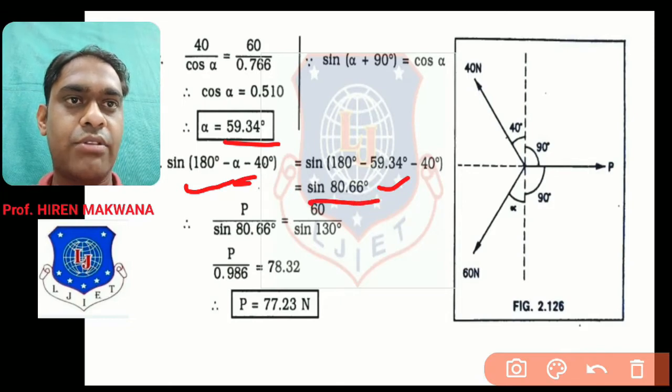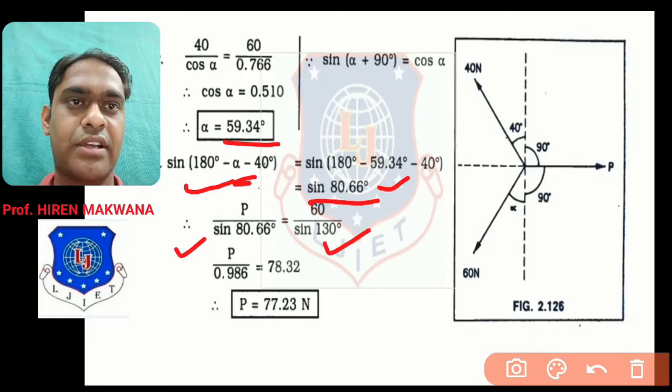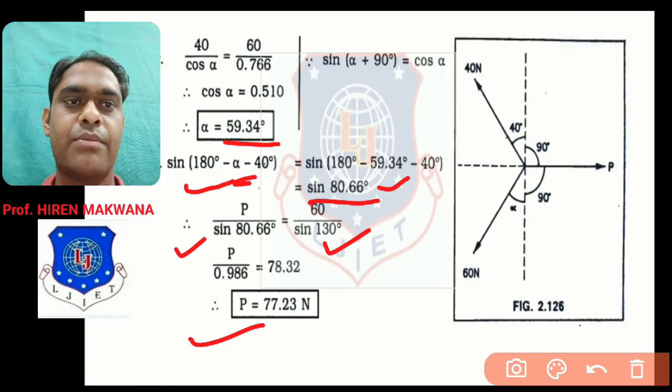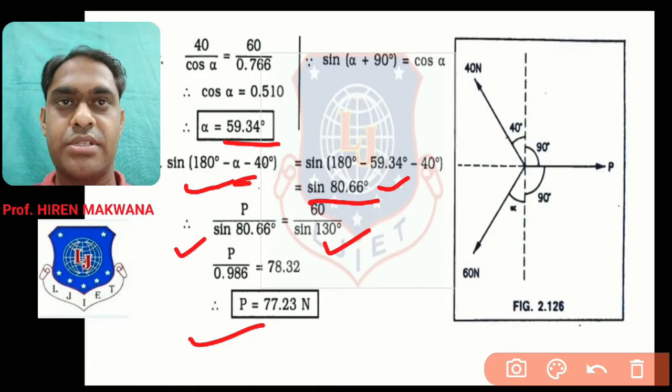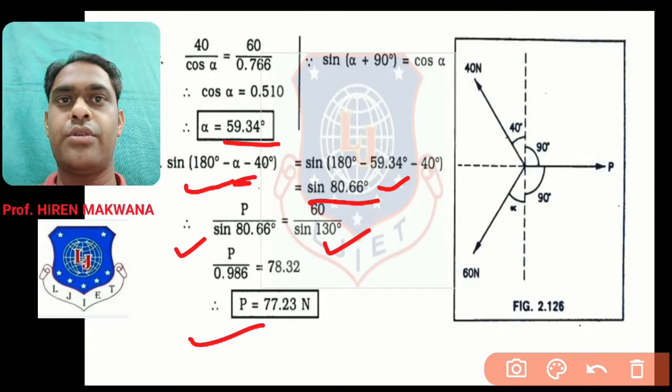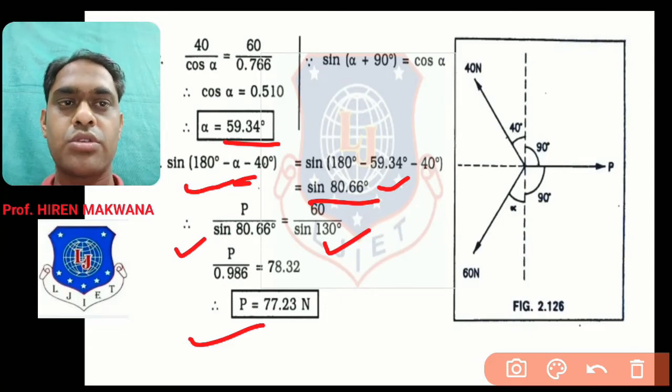So the angle is sine 80.66. The first term is P upon sine 80.66. The last term is 60 upon sine 130. By simplification you will get P equal to 77.23 Newton. Remember, you have to do better practice in the calculator. Okay, so P equal to 77.23 Newton.